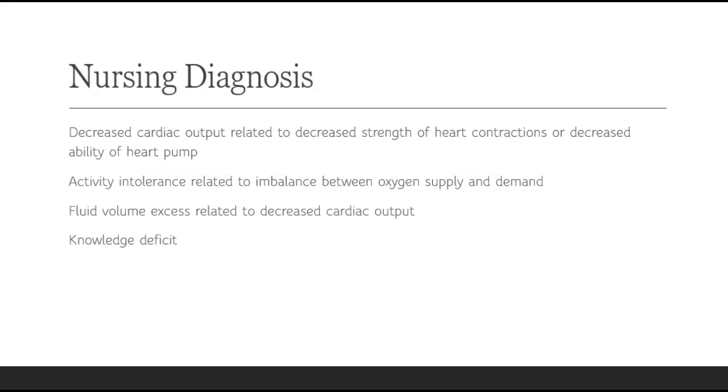So left side, lungs, it's going to have excess fluid in the lungs. They're going to have lung congestion, signs of respiratory problems. Your right-sided heart failure, they're going to have a backup of excess fluid in the body. So they're going to have edema, ascites, anything like that. And then also knowledge deficit can be a nursing diagnosis as well.